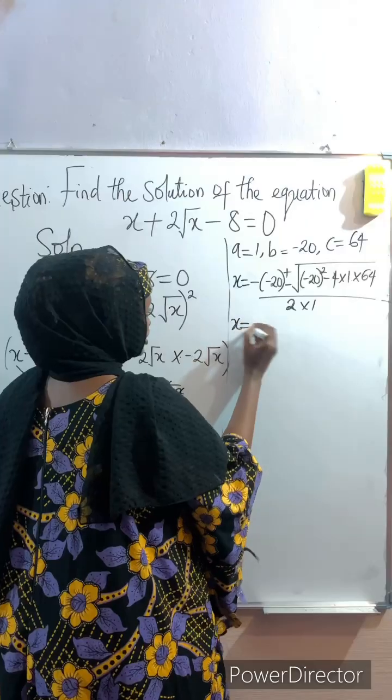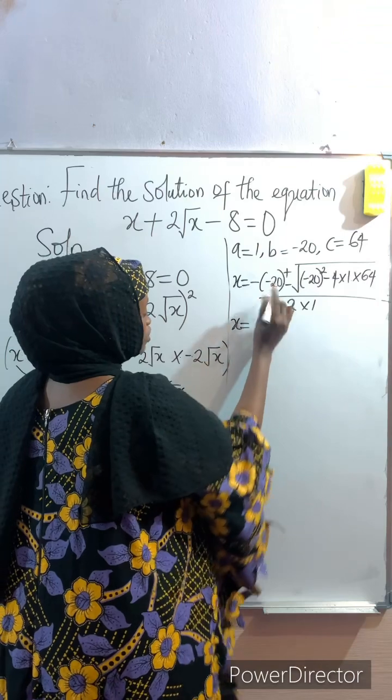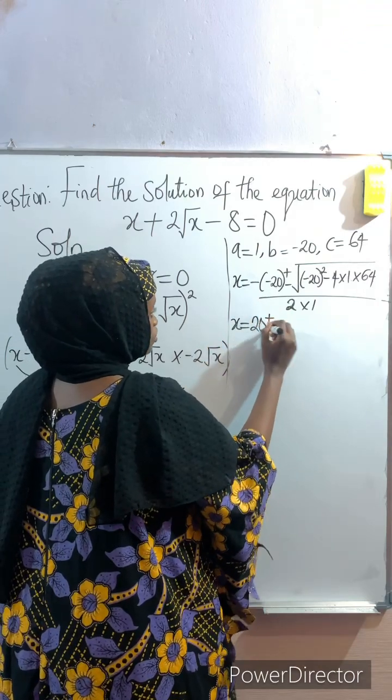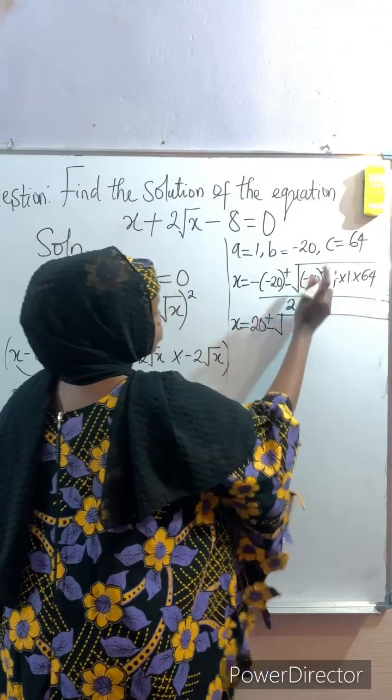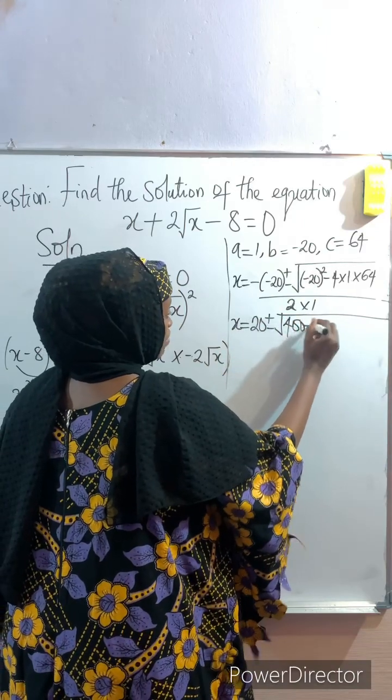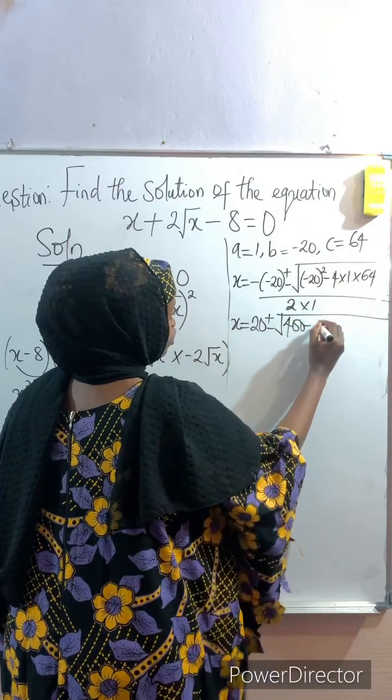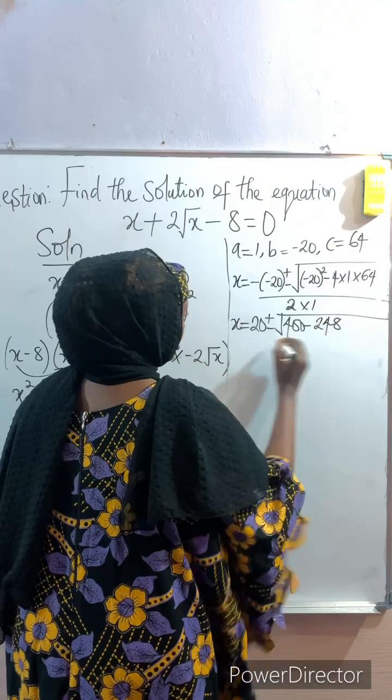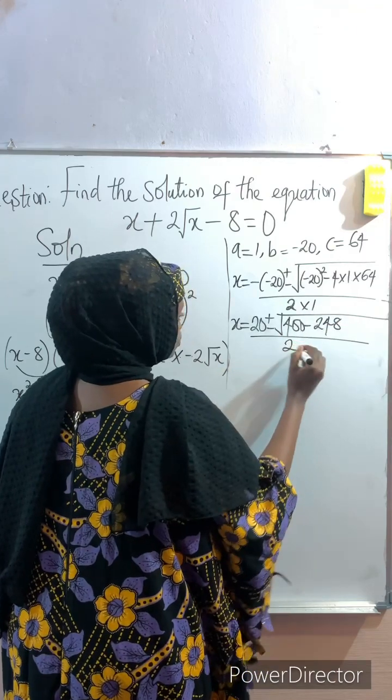So simplifying, x is equals to minus times minus here gives us plus. So here we are left with 20 plus or minus square root of minus 20 squared here gives us 400 minus 4 times 1 times 64 gives us 248 all over 2 times 1 gives us 2.